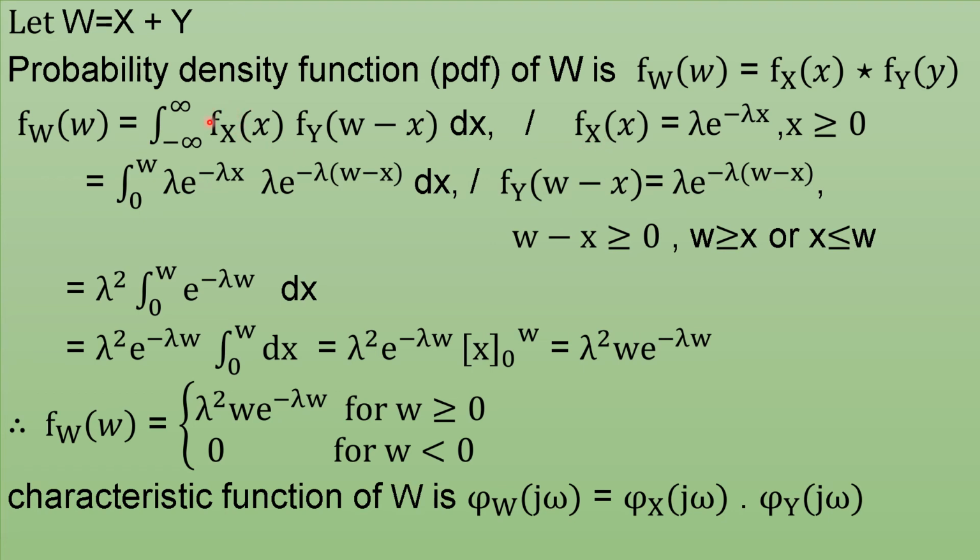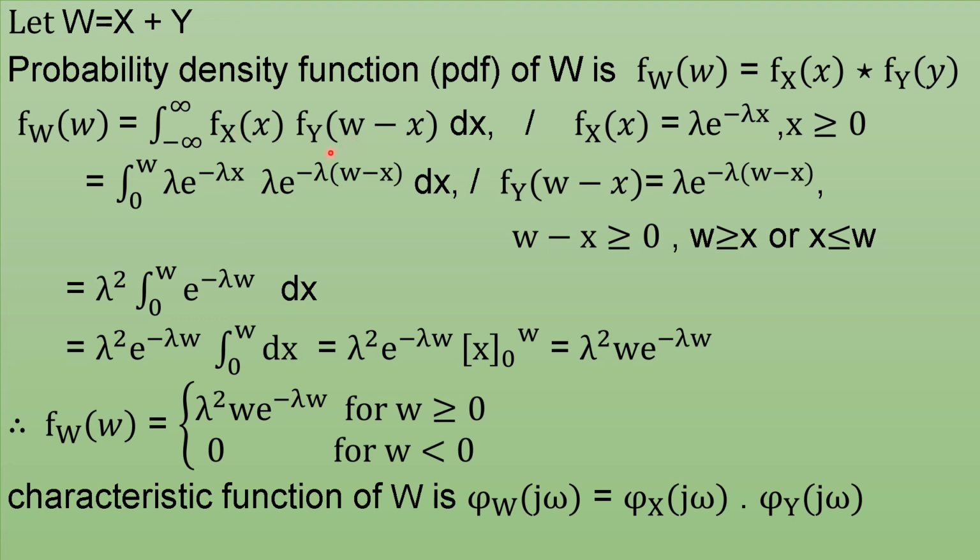So if we consider negative x values, this factor will be 0 and the whole integral will be 0. So ignore those negative values. You need to consider from 0 to... So this can be replaced by lambda into e power minus lambda x.